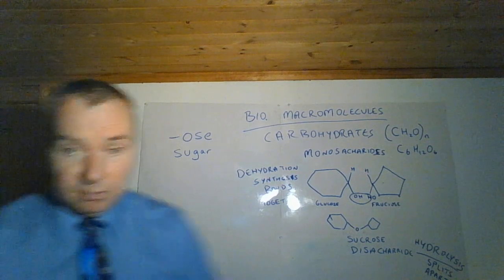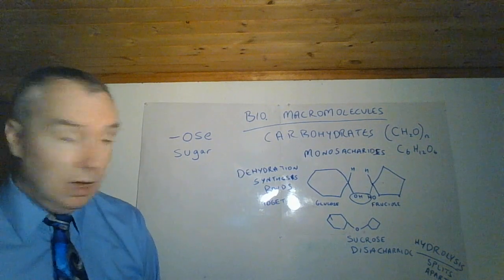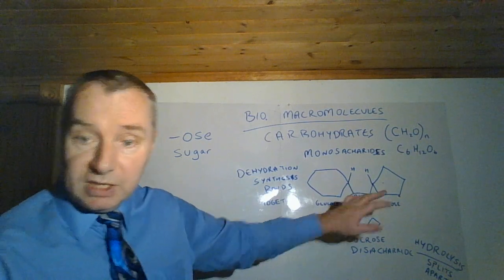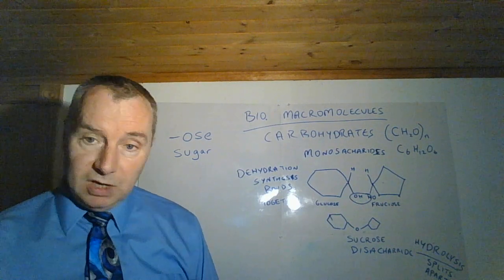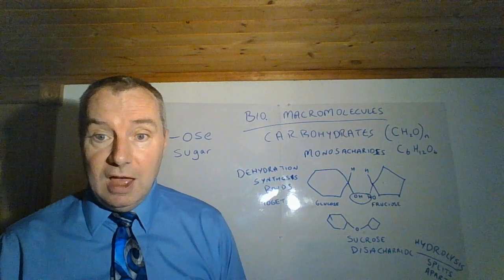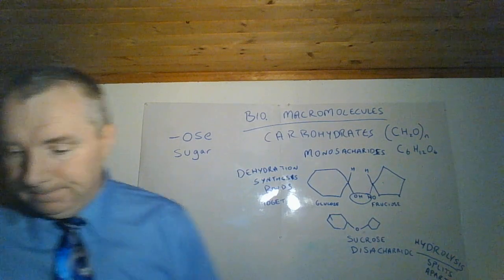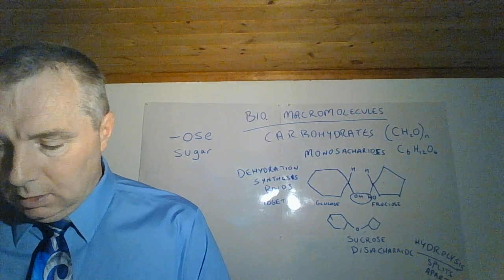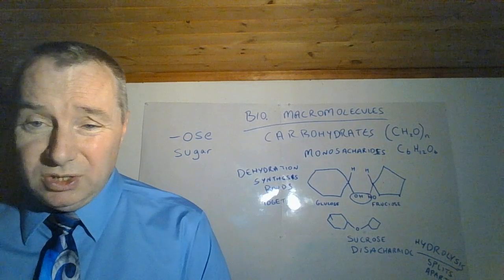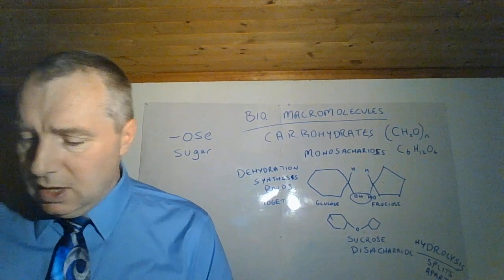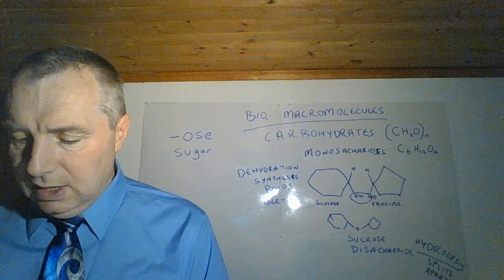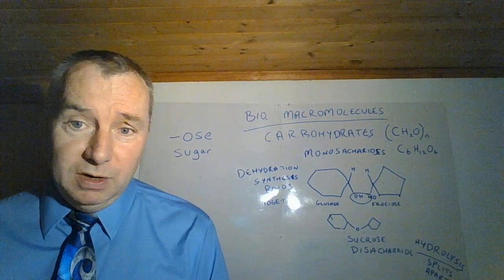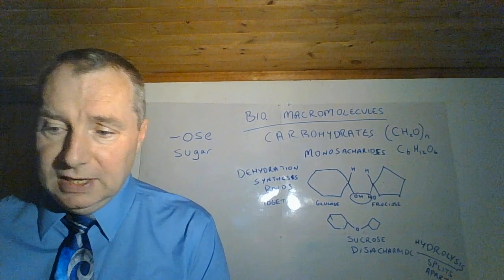And you can have a lot of these monomers together, and different combinations and different amounts make different sugars. The most common sugars are glucose, we talked about, ribose, and glyceraldehyde. Figure 3.4 in the book or in the readings.